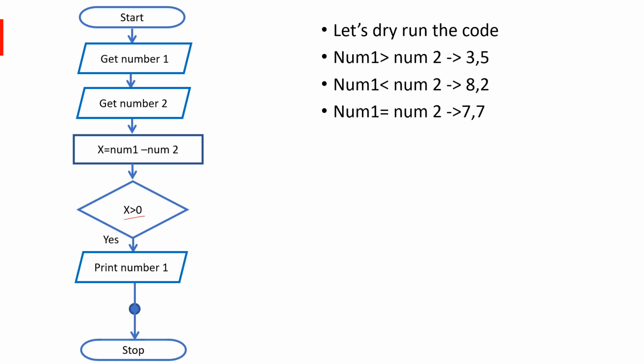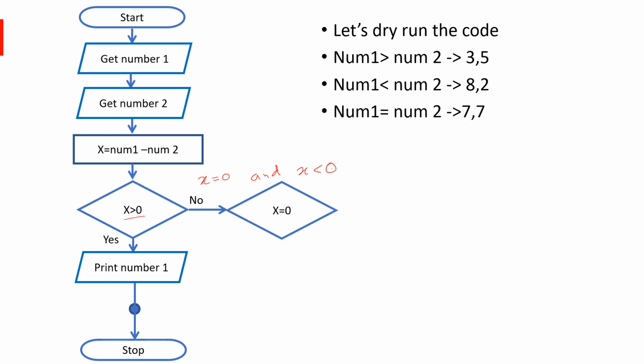Then there are two situations to handle: the situation where x equals 0, and the situation where x is less than 0. So we need to handle two different situations. If x is equal to 0, we need to handle it separately, and if x is less than 0, we need to handle it separately. Therefore, we need to have another conditional or branching section.